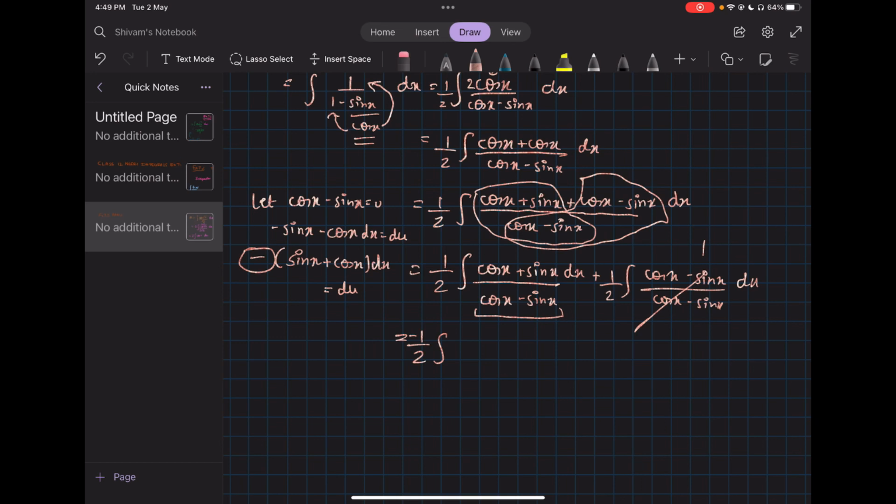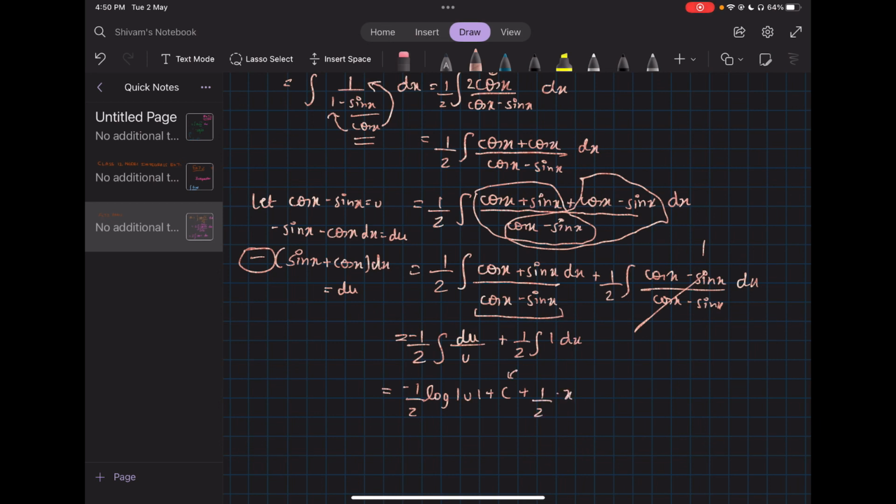Numerator becomes a du. The denominator becomes a u, of course, and that's just gonna be the integral of 1 with respect to x. So taking the standard 1 over u integral, that's gonna be log of mod u plus c, and that's just gonna be a half times an x.